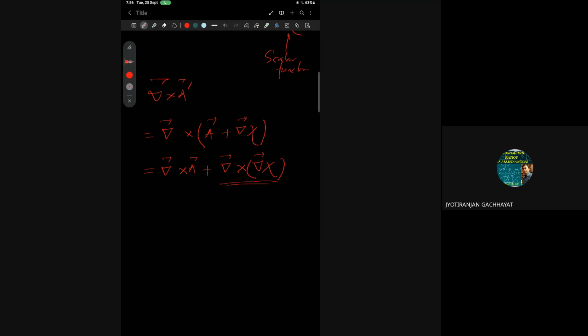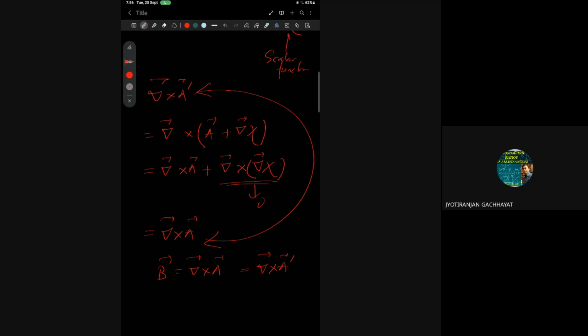Yes, sir. So if this goes to 0, then del cross A prime is the same as del cross A. So if I can write B is equal to del cross A, then I can also write B is equal to del cross A prime. But A and A prime are not the same, right?